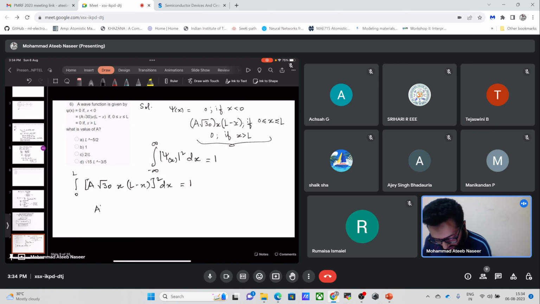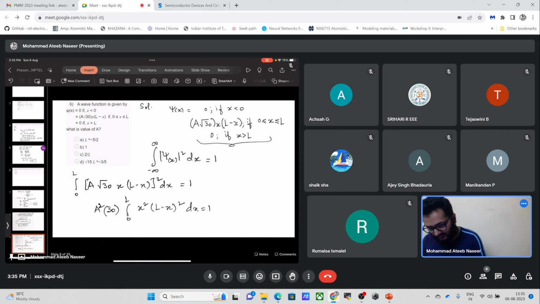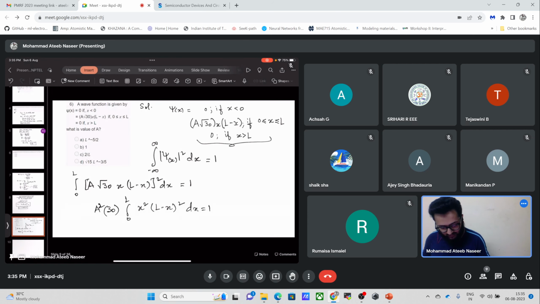Let's take this constant outside: a squared times 30, integral from 0 to L of x squared (L minus x) whole squared dx equal to 1. So let us do this integration. We can either multiply out the two functions, or do the integration by parts. Let's solve it by integration by parts.